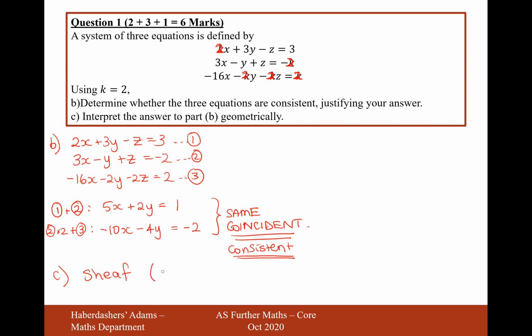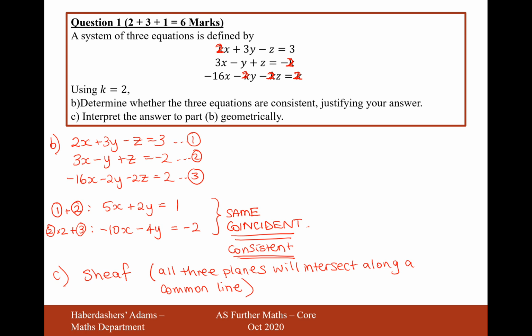Effectively what a sheaf is, all three planes will intersect along the same line, will intersect along a common line, hence giving us infinitely many solutions to the 3 intersections of these planes along a common line.